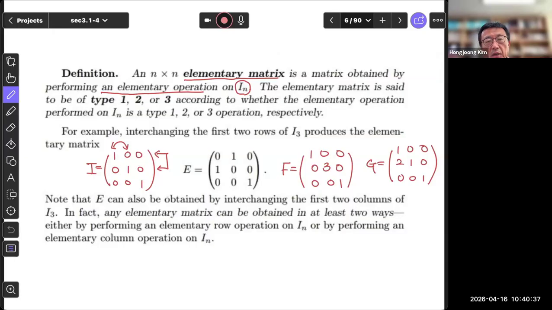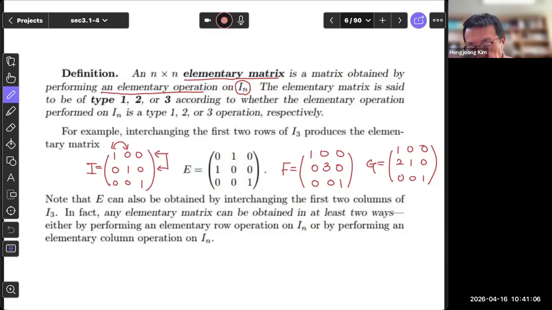Given this I, if I perform the type 1 row operation, you get E. If I consider the scaling operation, the type 2 row operation, you get F. F can be obtained from the elementary column operation of type 2 as well. And G is obtained from the identity matrix by performing the type 3 operation.